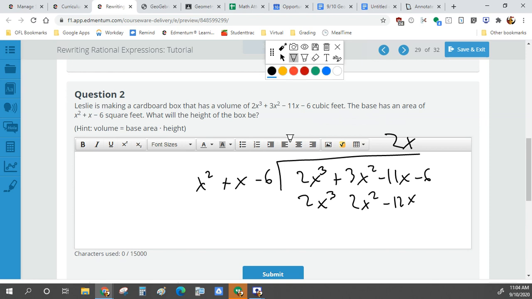So when I do this, I'm going to subtract this out. This cancels. This positive 2 turns into a negative, so this just becomes x squared. This negative right here turns into a positive when I distribute, so this becomes positive x minus 6.